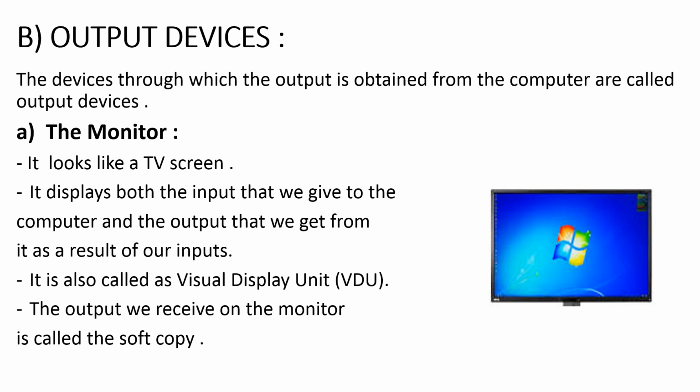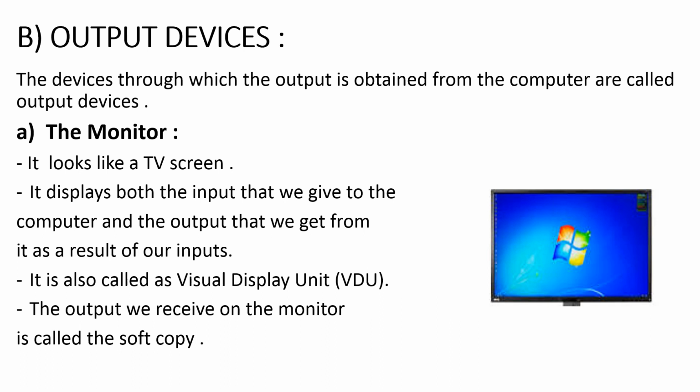Now, the first device is the monitor. It looks like a TV screen. On the right side, you are able to see an image of the monitor screen. It looks exactly like the TV screen. It displays both the input that we give to the computer and the output that we want the computer to display.